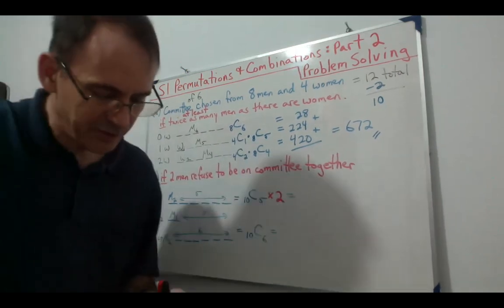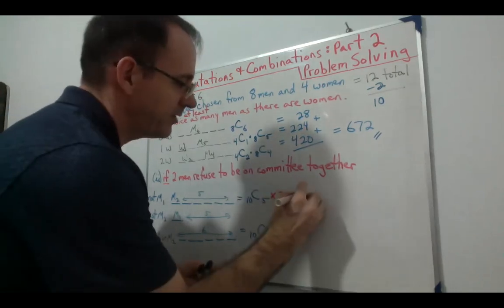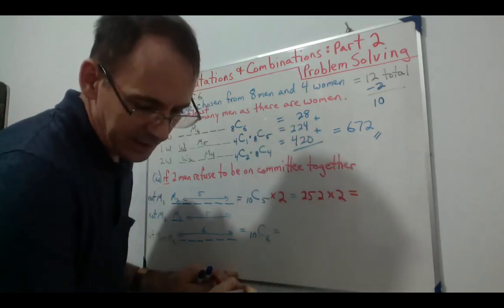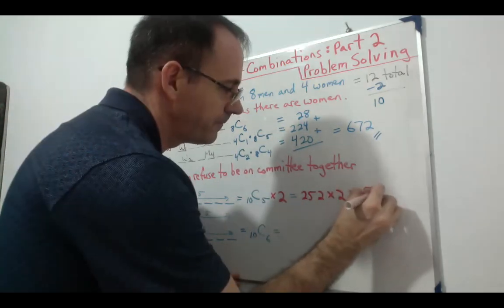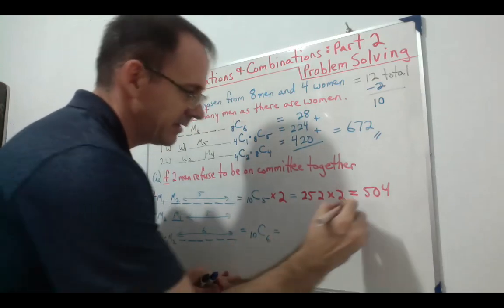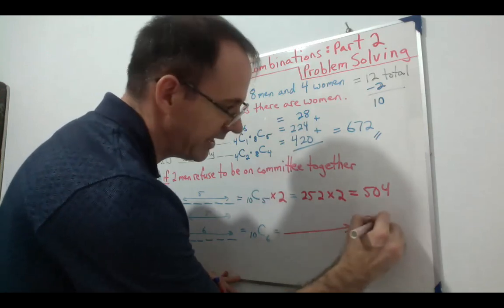As we multiply this up, the 10 choose 5 is 252, times 2 gives us 504. And then our 10 choose 6 gives us 210.